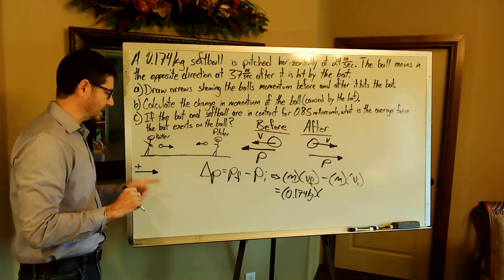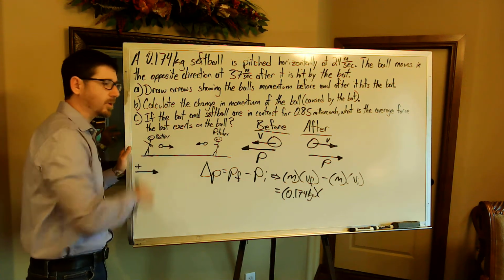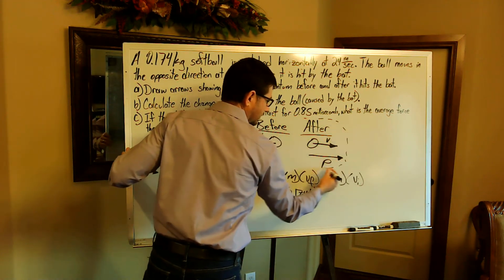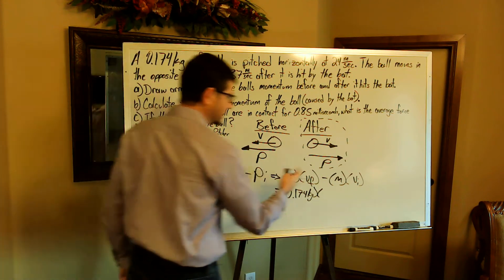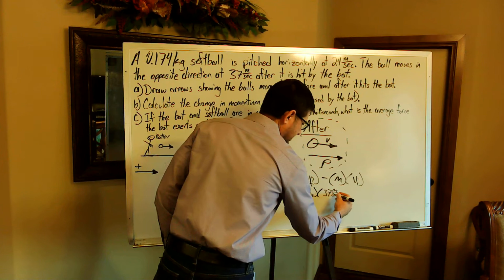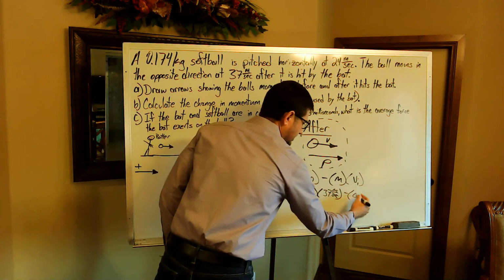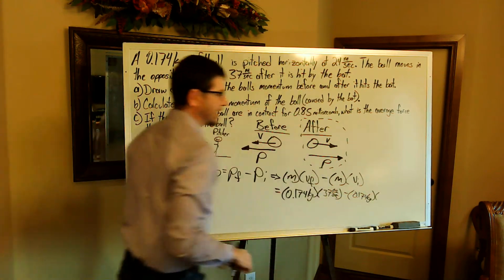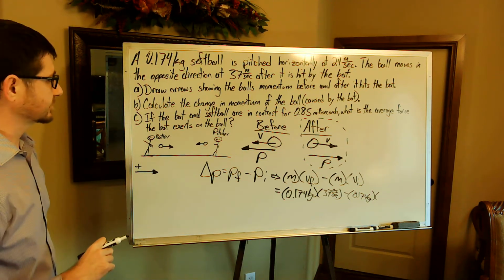If we look at our diagram, the final velocity is moving in a positive x direction, so we associate a positive sign with this velocity. So 37 meters per second, minus the mass, 0.174 kilograms, multiplied by the initial velocity of the softball, which is 24 meters per second.